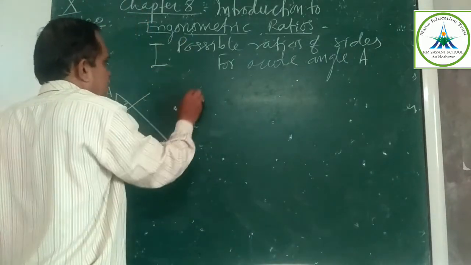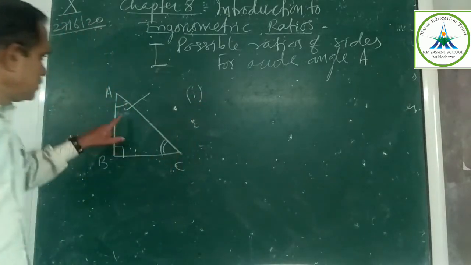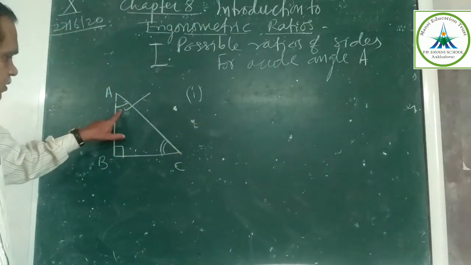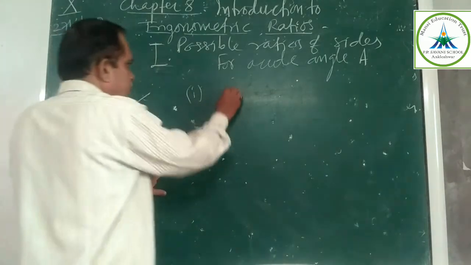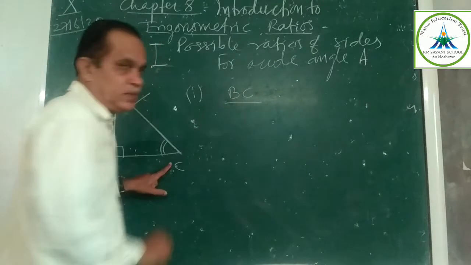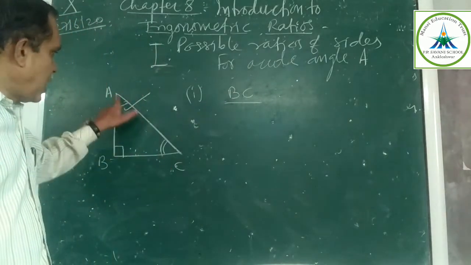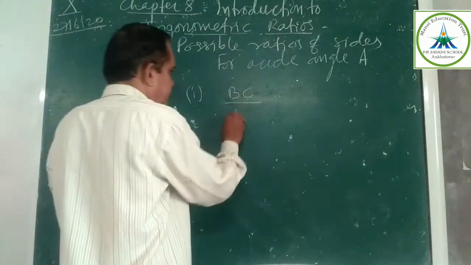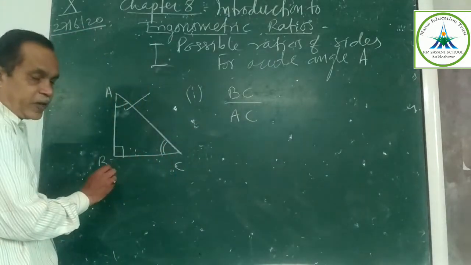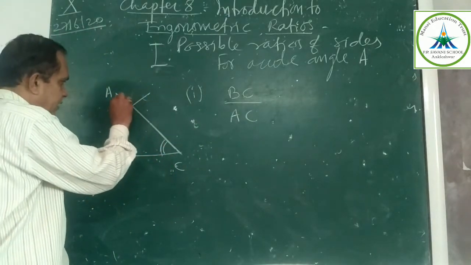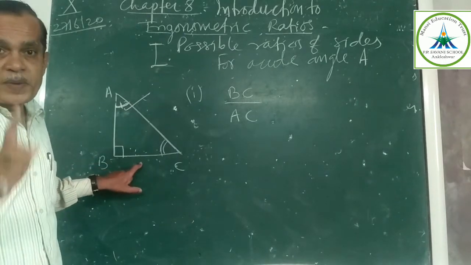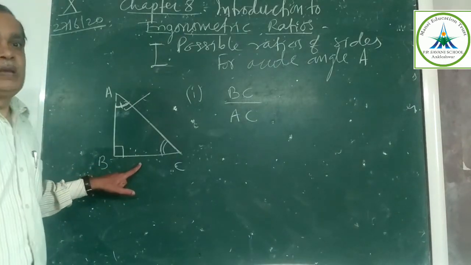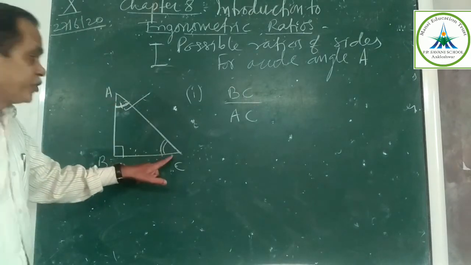Number one, opposite side, that is perpendicular, BC, upon hypotenuse AC. Okay, for angle A, the opposite side is known as its perpendicular. Remember it. This AC is the hypotenuse.